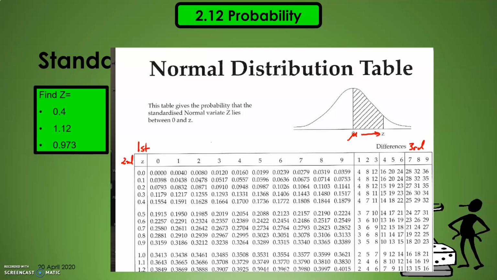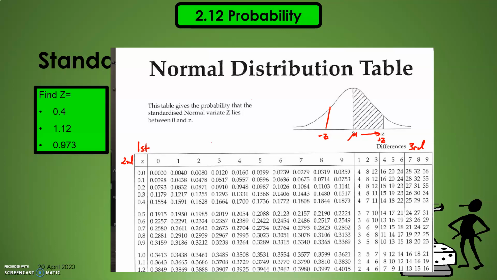Now, because a normal distribution graph is symmetrical, you can use the same value that you get for positive Z for negative Z as well. So for instance, whatever answer we get for 0.4, you can use for also negative 0.4.